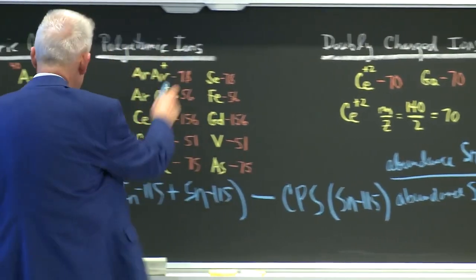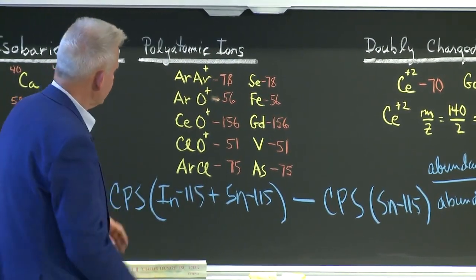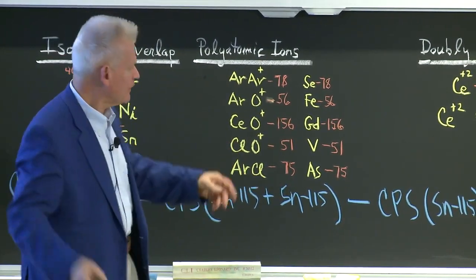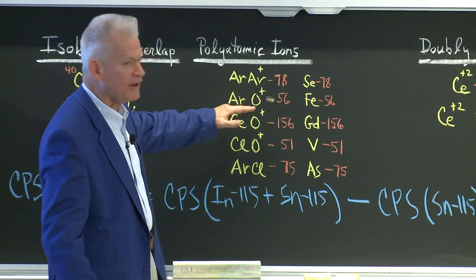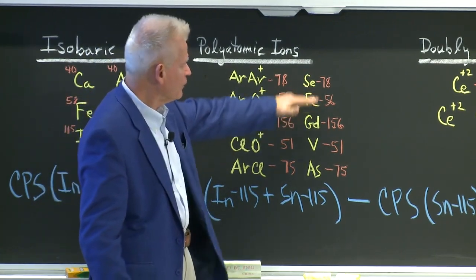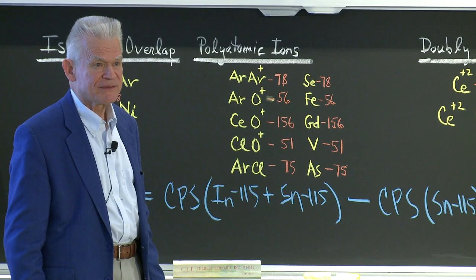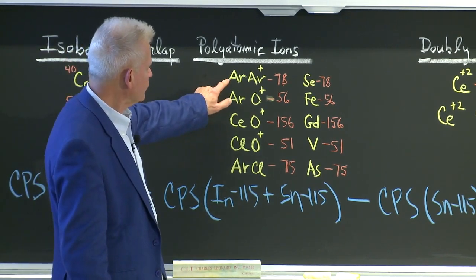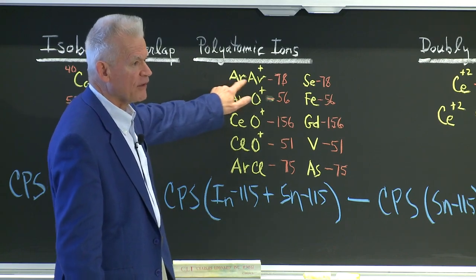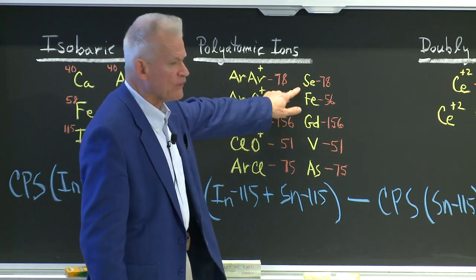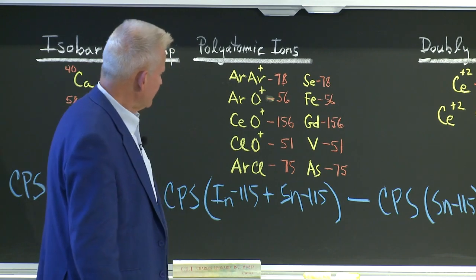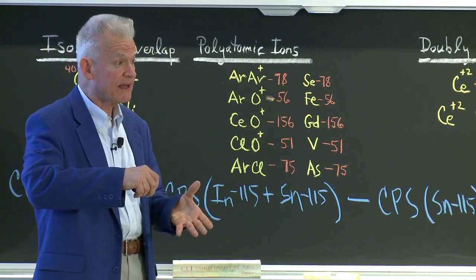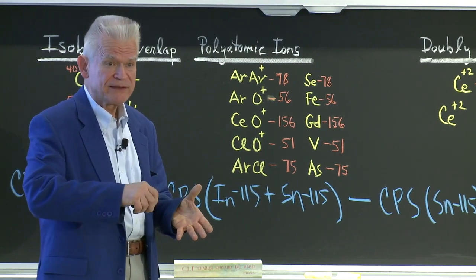Then we have these polyatomic ions. In the plasma, you've got argon and oxygen. So they can combine with each other to form these polyatomics which interfere with other elements. They overlap directly. Argon-argon, which would be argon-40 and argon-38, overlaps with selenium. And then if we add our matrix, like our acids, hydrochloric acid, you're putting chlorine in.